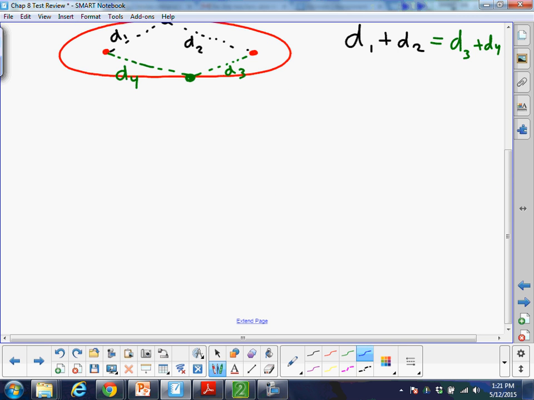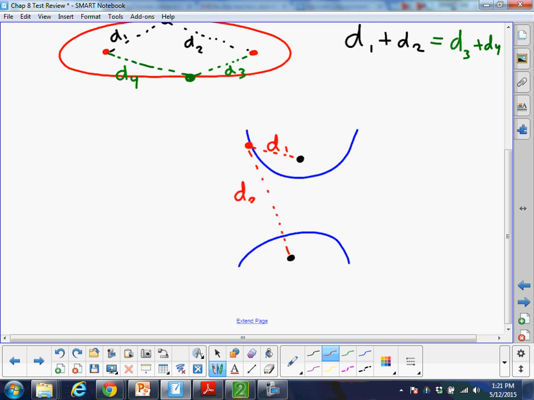And then the hyperbola is a little similar to that. Let's say we have a hyperbola like this and like this, and we have foci here and here. If we were to take any point on the hyperbola and go to the one focus and the other focus, those are some distances. And let's say I took some other point.